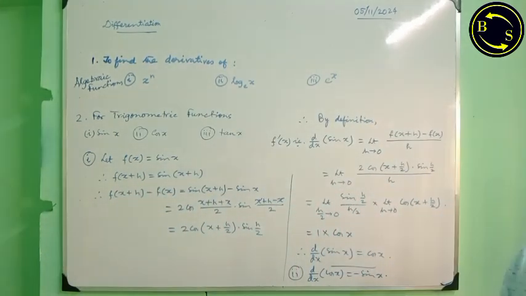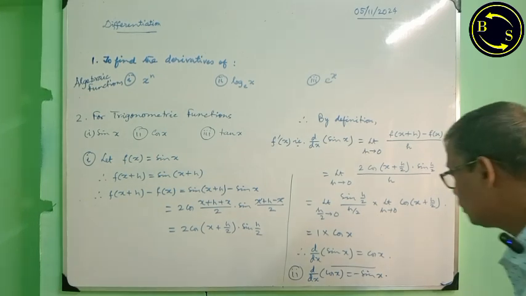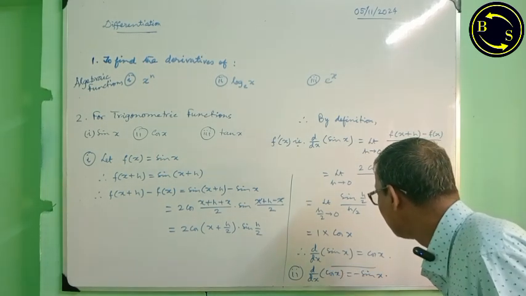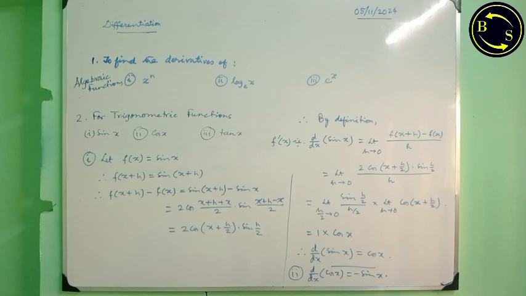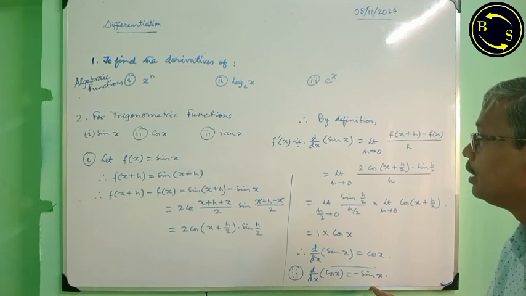You find yourself this one and see the result will be minus sin x. d dx of cos x will be minus sin x.